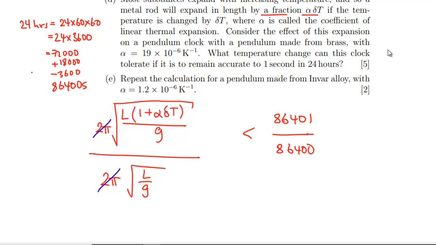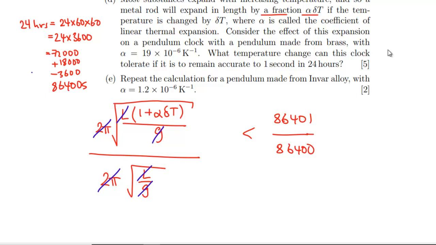So we just need to start squaring stuff on all of this, and then things should drop out. We're just going to be left with the 1 plus alpha delta T squared, because they're all just factors.